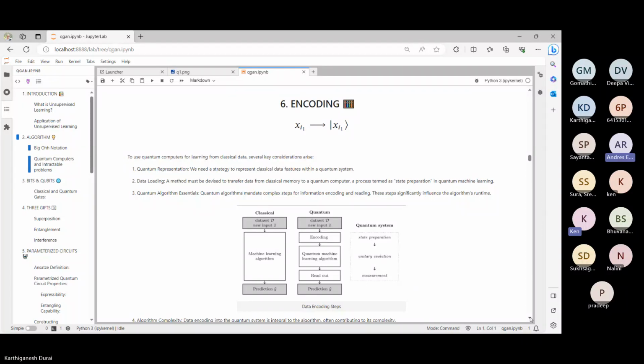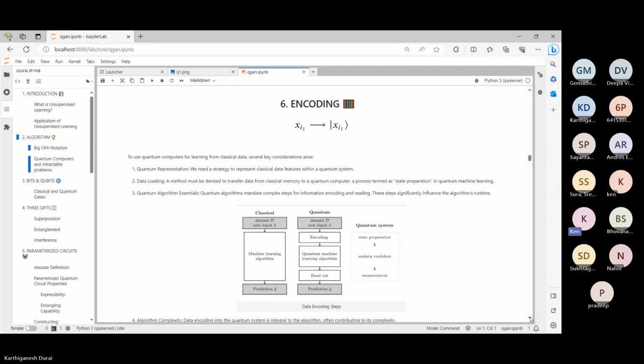This isn't an issue in classical machine learning, where there's no state preparation, there's no encoding process. We could just take our classical data, run it through a classical machine learning algorithm, and get a prediction out. In the quantum sense, we have to take that classical data, encode it, then run it through our machine learning algorithm, then get a readout, and then make a prediction on that.